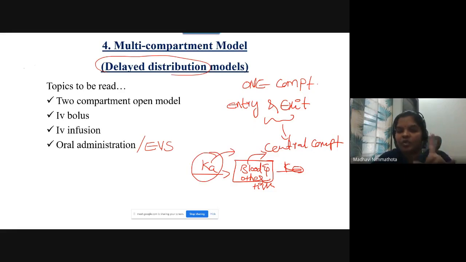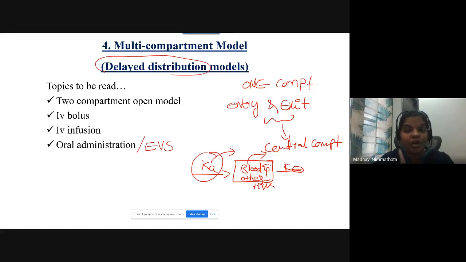One thing you have to remember, in case of one compartment open model, your drug distribution and elimination will happen through this central compartment. Here there is no attachment of any other peripheral compartments. We are assuming our total body as a single uniform compartment.